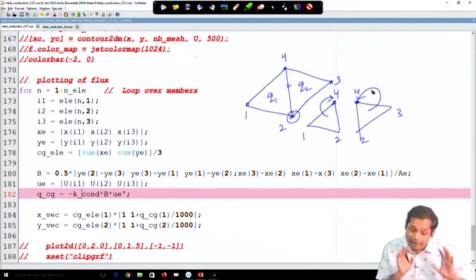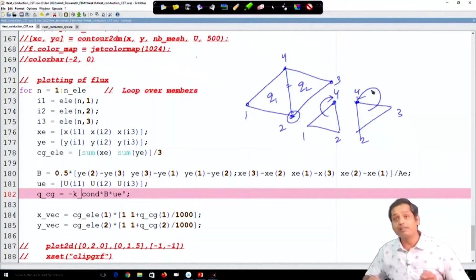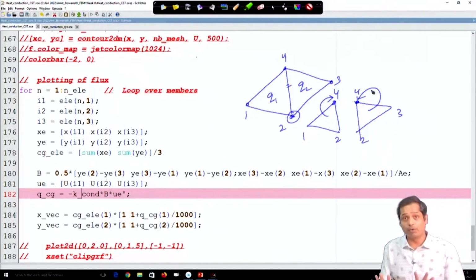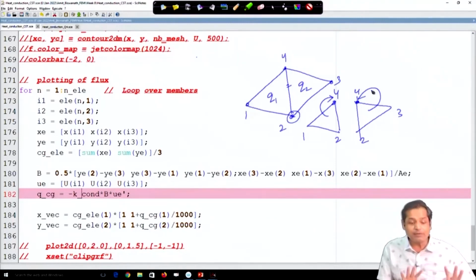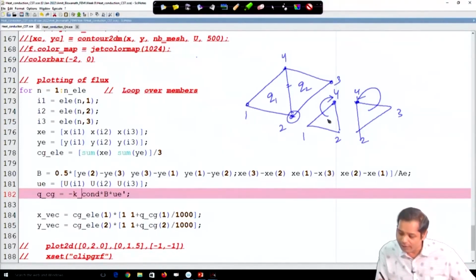But now, instead of computing it at the nodal point, which we cannot do anyway, we will calculate it at the Gauss point, the integration point. But in the case of a triangular element, there is no integration point, because we did not need any numerical integration technique. So we will calculate this at the centroid, the center point.